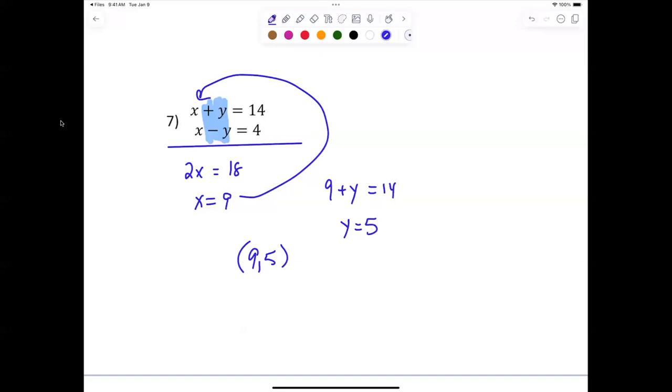So in this case, it would be 1, then the x, plus 1, y equals 14. 1x, now you have to change it to minus 1y equals 4, and then solve it. And what does it say the answer is? 9, 5.